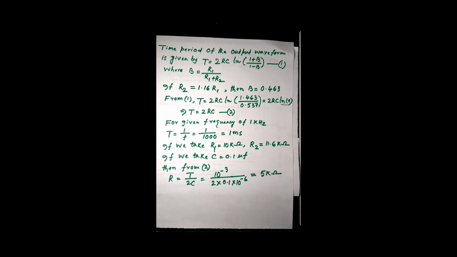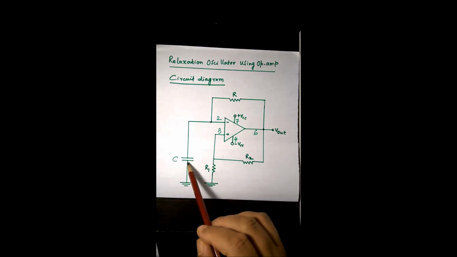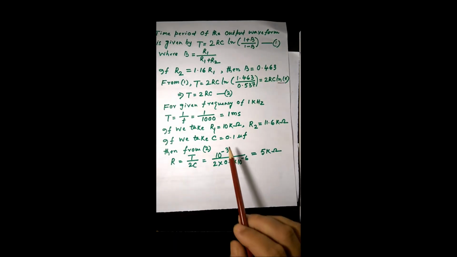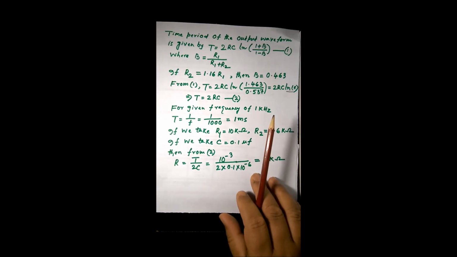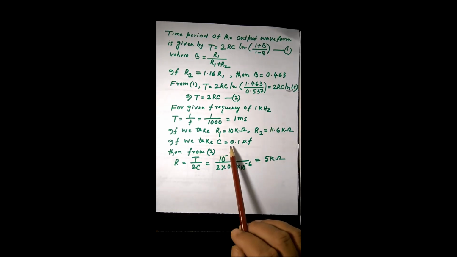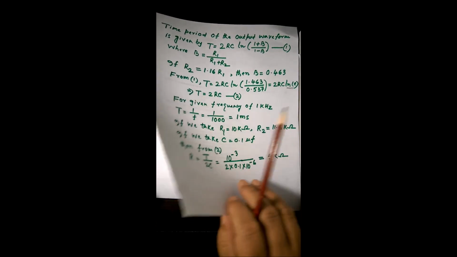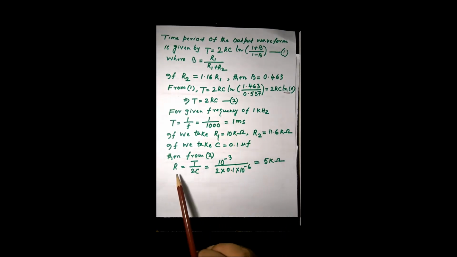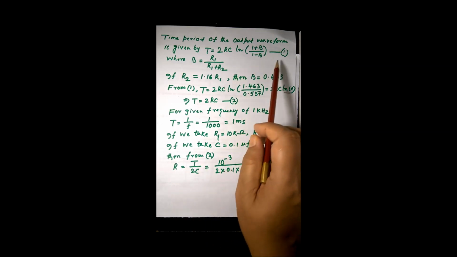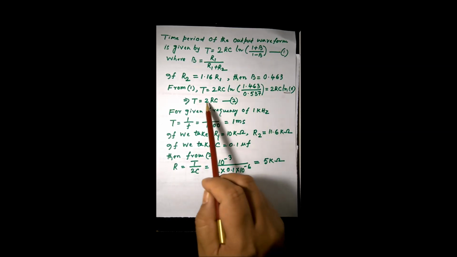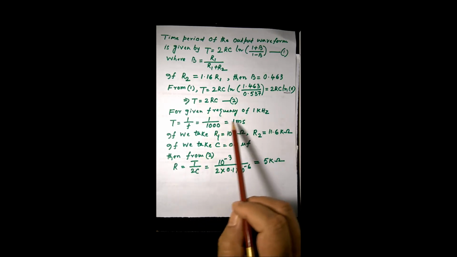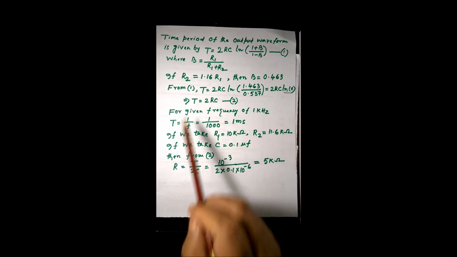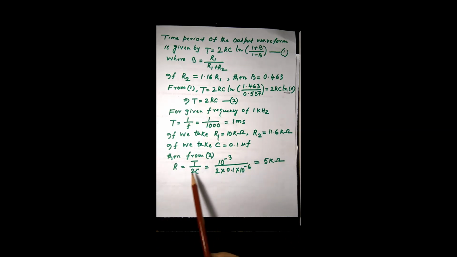Now let us take the capacitor. Here you can see there is a capacitor value, let us take 0.1 microfarad. From equation number 2, we can find the value of R, that is, R is equal to T divided by 2C, and when we substitute the values, it comes to be 5 kilo ohm.